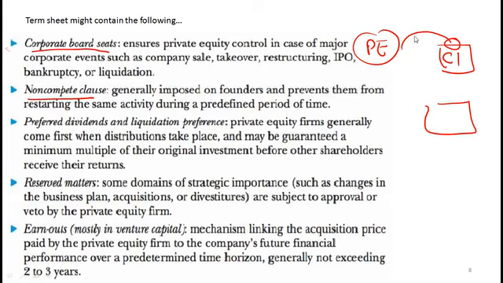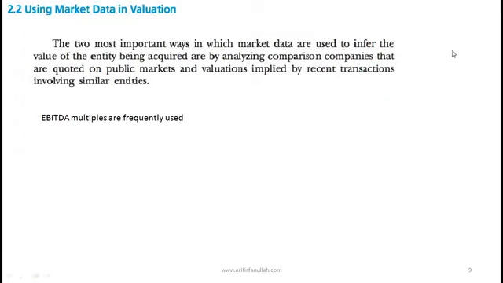So there are clauses that ensure that key people stay at the company. Anyway, that should give you a flavor for what is over here, but the key point is to set up terms such that the incentives of the private equity firm and the company management are aligned.